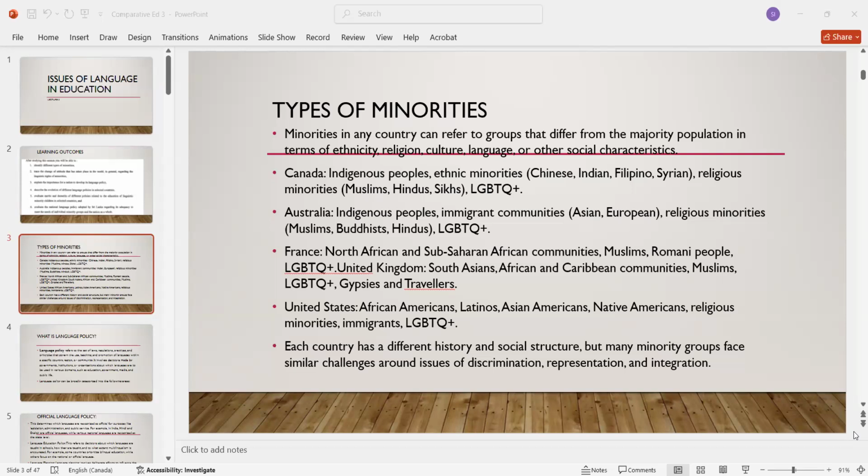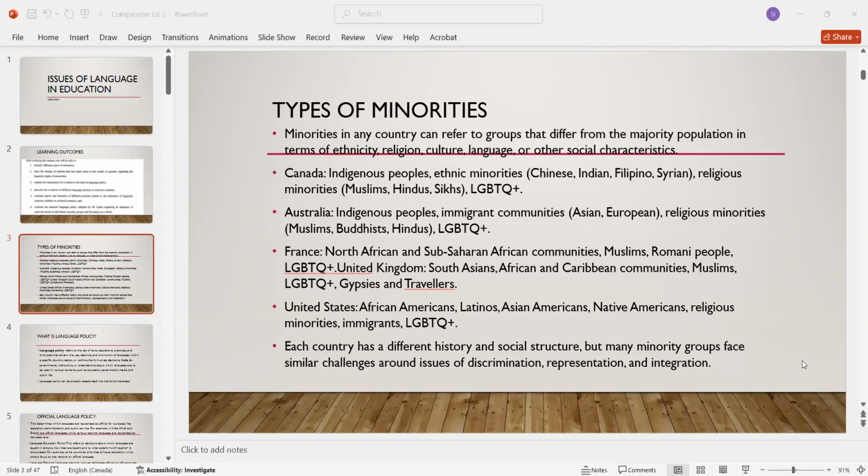And they also speak their own languages. So we have to understand what indigenous people are: the native people of that country. But those indigenous people are the minority of each country, and they have a lot of language issues. We'll see what it is.